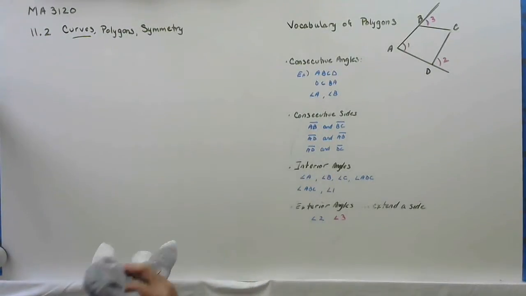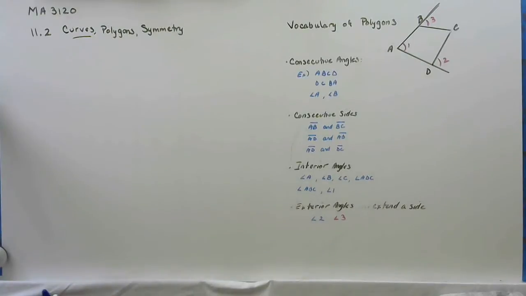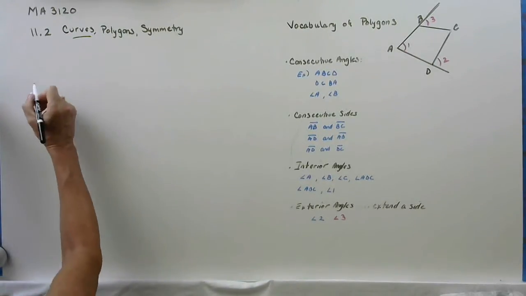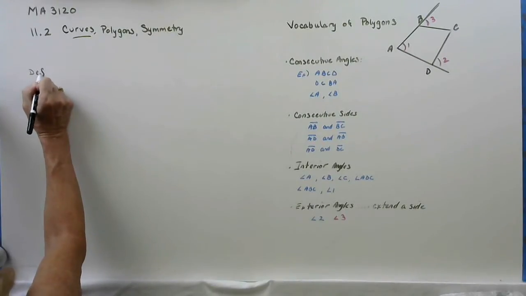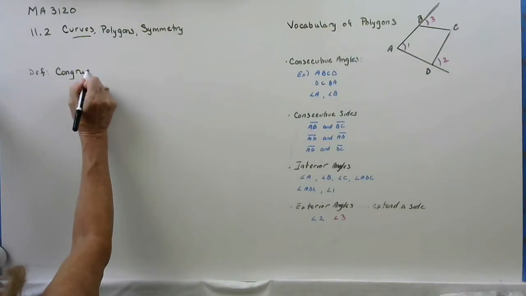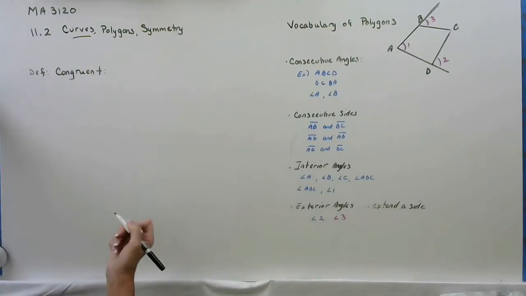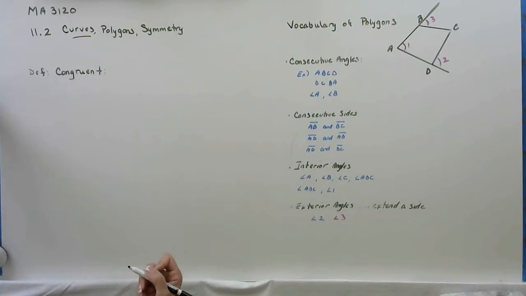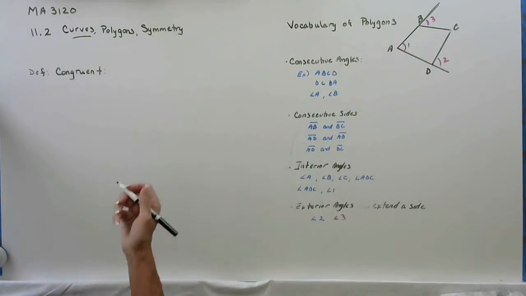So when we're talking about geometry and we're talking about the angle measure or the side length, we refer to the term congruent. All right, so the definition of congruent. Congruent means equal in measure.